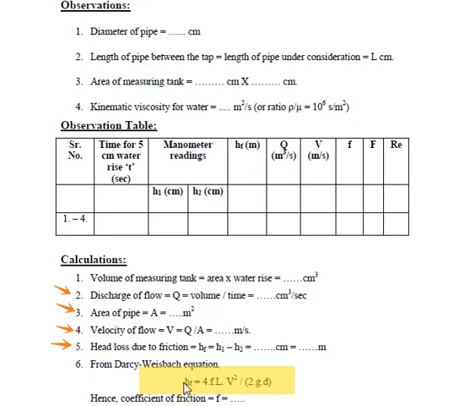That is HF, that is head loss due to friction, is equal to 4 FL V square upon twice GD. Now 4 is constant, small f is coefficient of friction. L is the length of the pipe, V is the velocity, 2G is constant, and D is the diameter of the pipe.